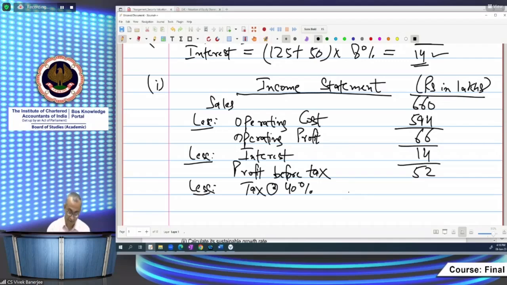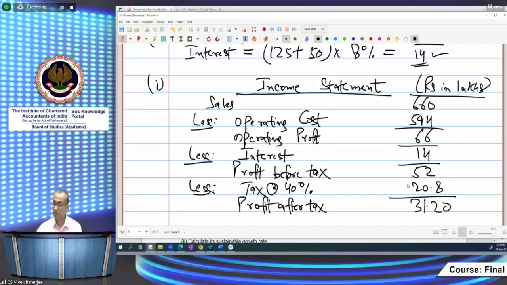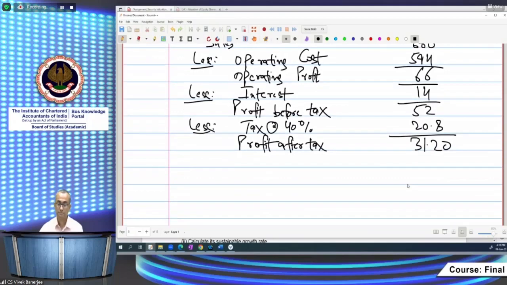So let us calculate tax on 52. 52 into 40%, 20.8. So 31.2. So 31.20 is actually the profit after tax. Now in the question, the dividend payout ratio is given as 16.67%.